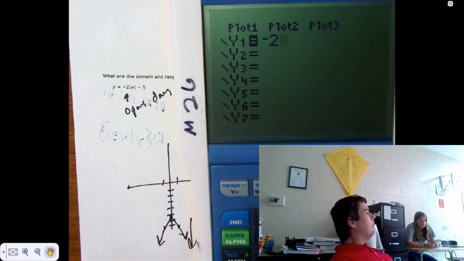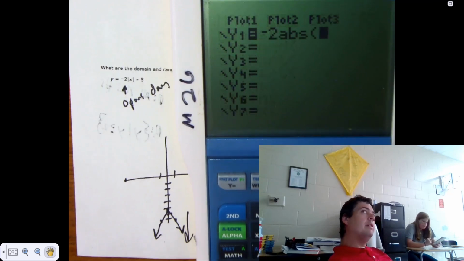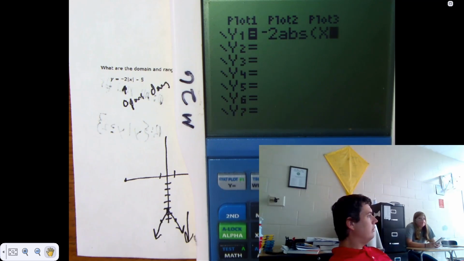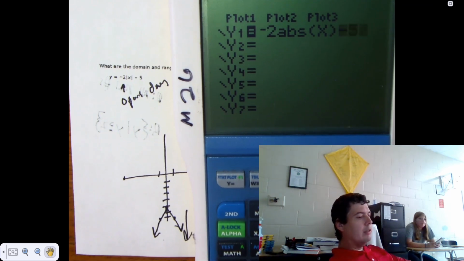Now what am I ready for? Math, num, ABS. X. Do I need to close the parentheses here? Yes. Why? Because there's more, and I don't want it encapsulated all together.